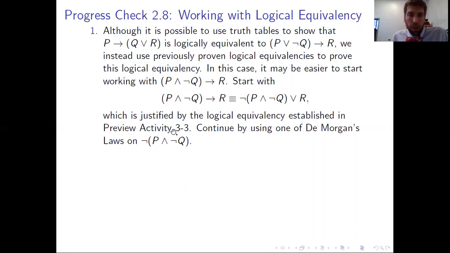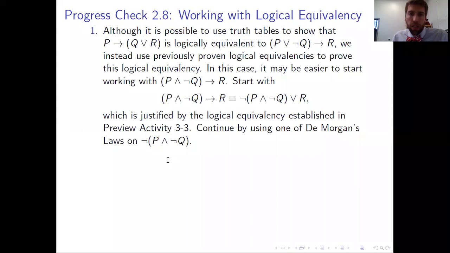In 3.3, we had that P implies Q is equivalent to not P or Q, because either Q is true or P is false, so not P would be true, and it would be vacuously true.